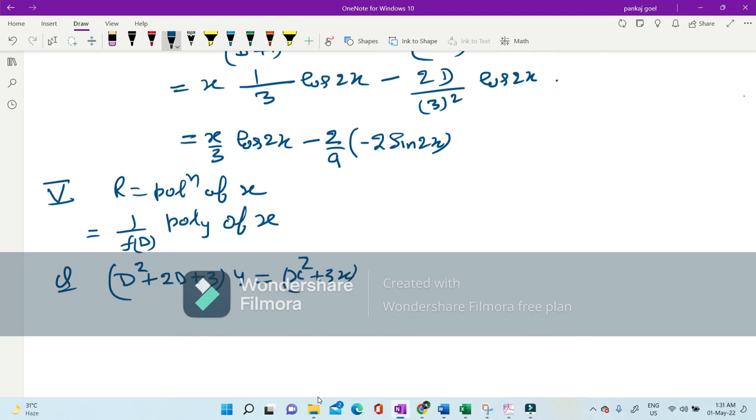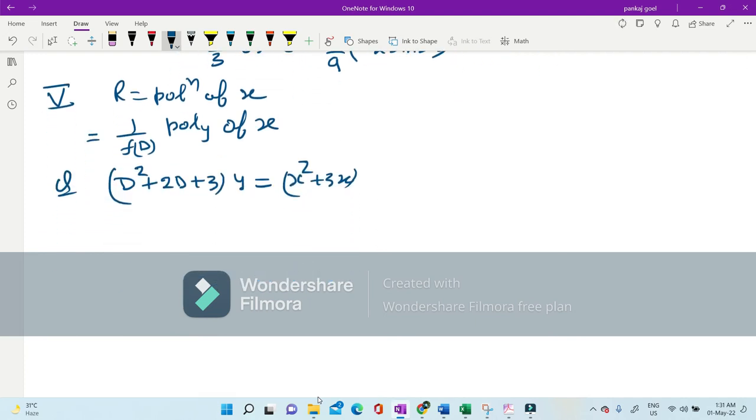Take this one, PI equal to 1 upon D square plus 2D plus 3, and this you can take x square plus 3x. Okay, we can write first step 1.